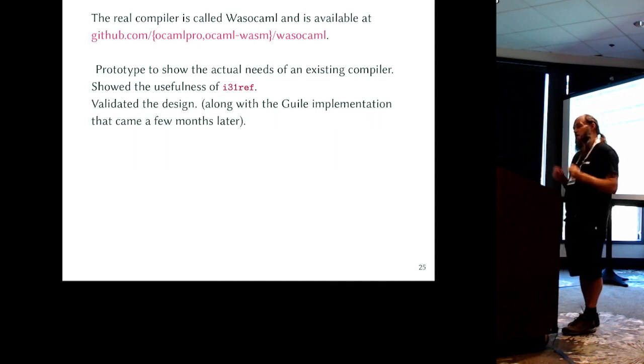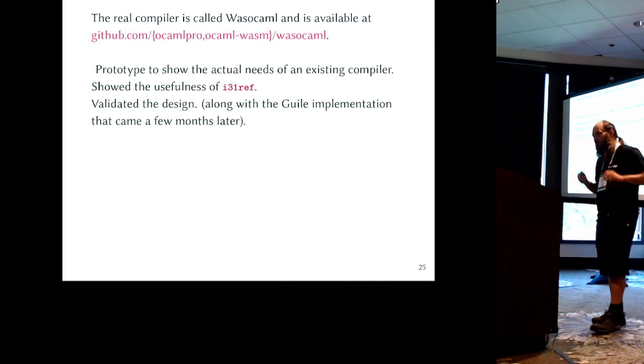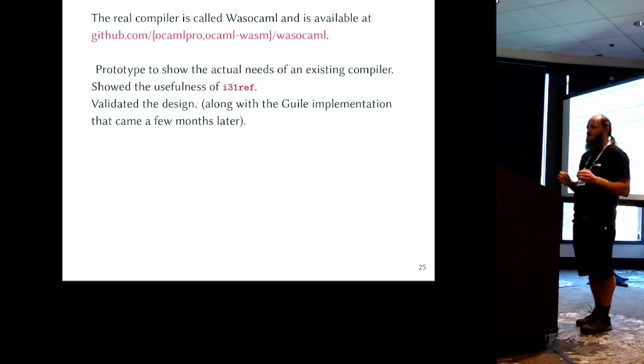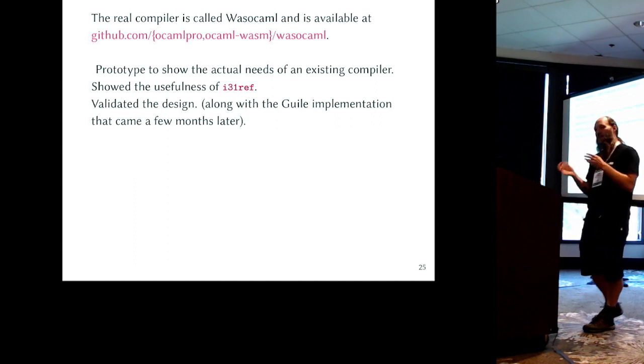So otherwise, that prototype, I think, was basically the first of a kind of real language, because that's just a prototype for WasmGC. So I think we validated the proposal for something that was not crafted after the fact.